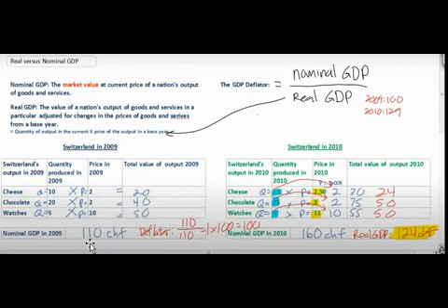Pareho lang sila. Okay? Nominal 110, deflator 110, it will give you 100. Okay? So 110 over 110, it will give you 1. Matik ulit, multiply it by 100, it will give you 100 pa rin. Okay, so for 2009, the real GDP is 100.